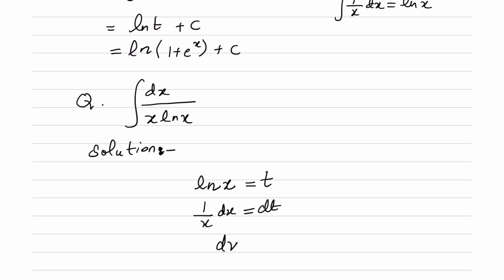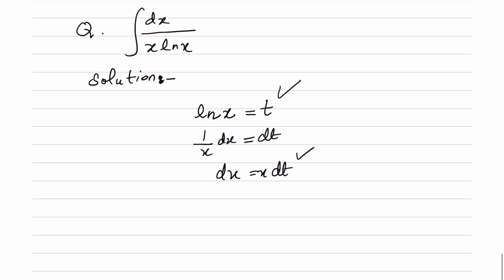dx is equal to x dt. Put ln x equal to t and dx equal to x dt back in our integral. The value of dx is x dt, denominator x, and ln x is taken as t. This x cancels with this x and we have 1 over t dt.